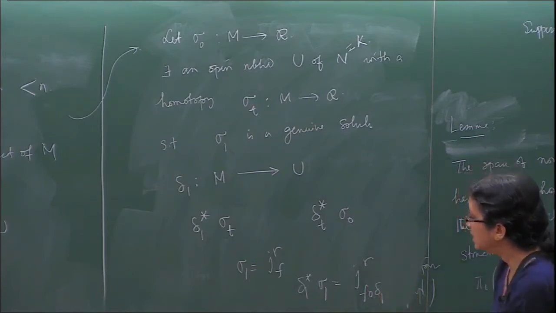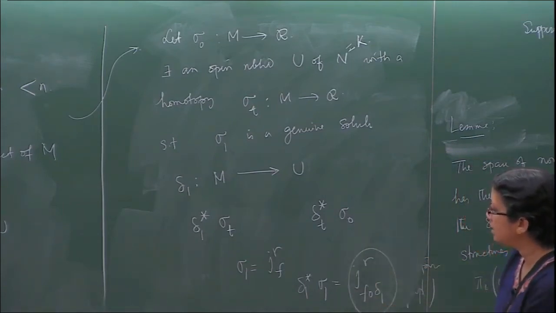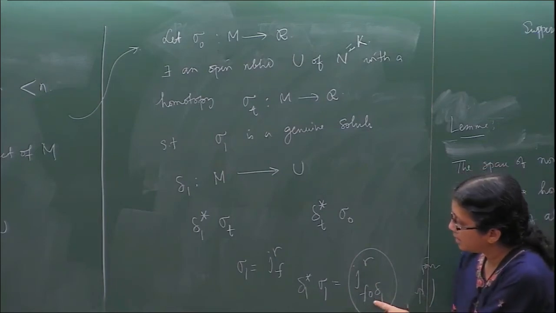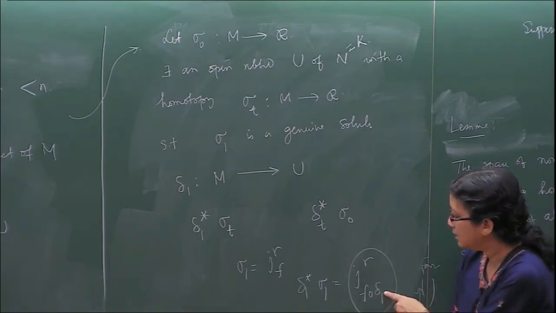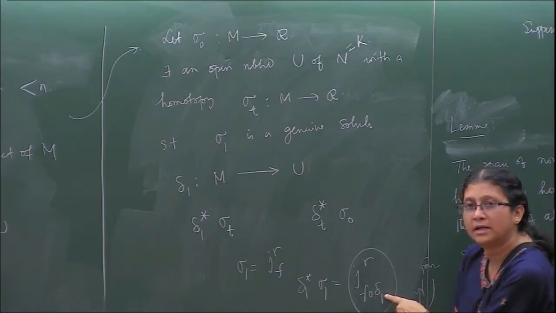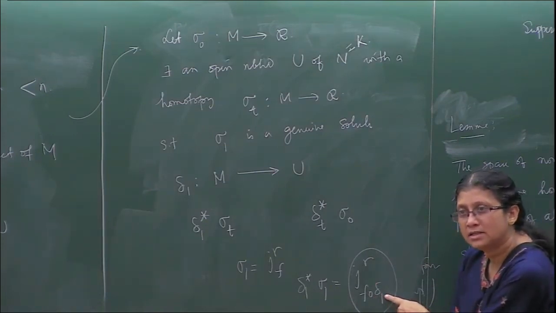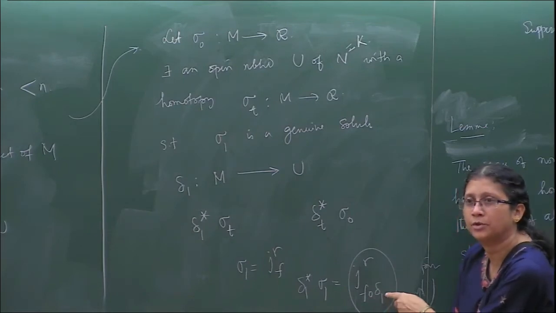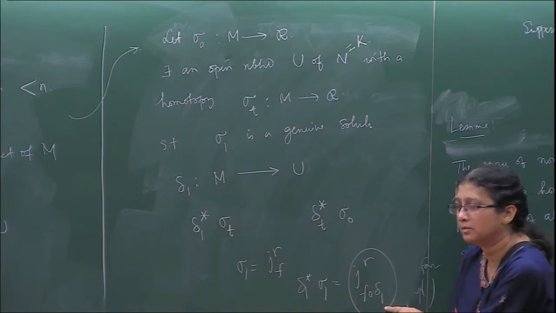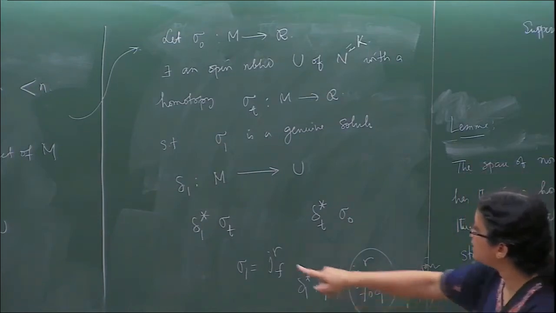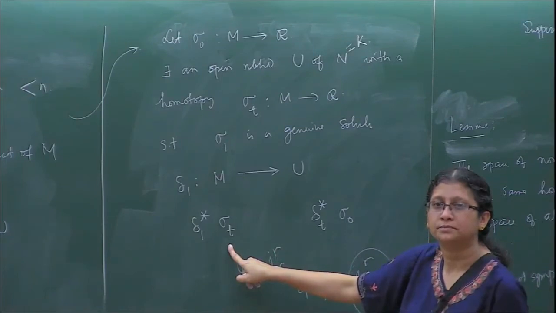This is again a solution. Why? Because F was a solution on U, and then you are pulling it back by delta 1. The relation is invariant under the Diff action. That means if you have a solution and you pull it back by a diffeomorphism, it still remains a solution. So the final map here is a solution.